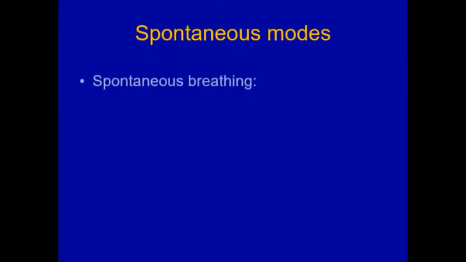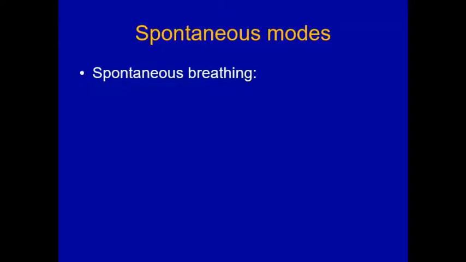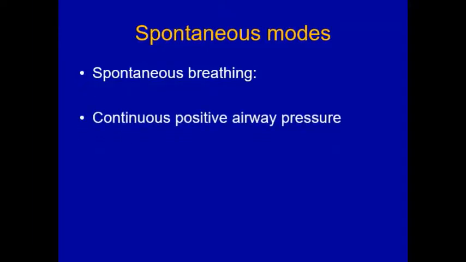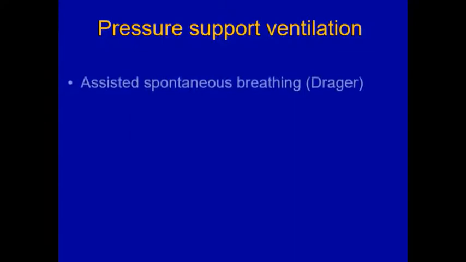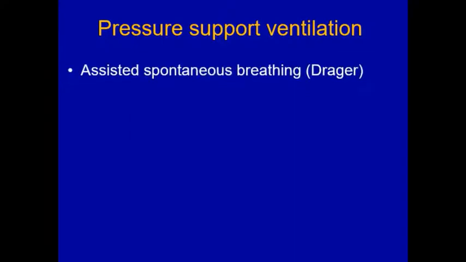Now coming to spontaneous modes. In spontaneous modes, we have spontaneous breathing, continuous positive airway pressure, and pressure support ventilation. Pressure support ventilation is also called assisted spontaneous breathing in Drager. In a Drager ventilator, it will not be written as pressure support ventilation, it will be written as ASB, that is assisted spontaneous breathing.